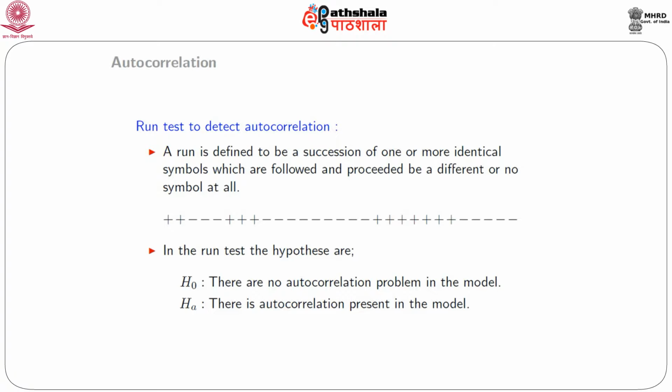So if we have a cyclical pattern of plus and minus, then we can say that there is a pattern in the sign of the residuals, and thus use the runs of plus and minus residuals to detect autocorrelation.